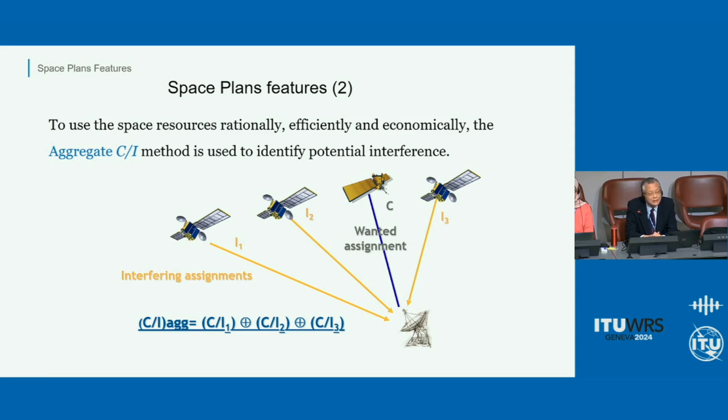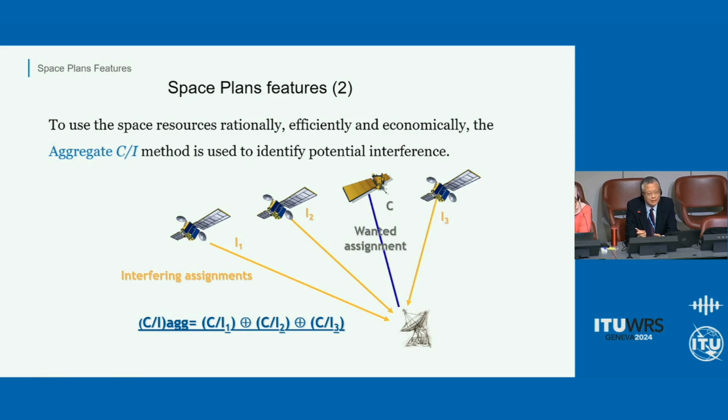In the plan service, it's different. In evaluating interference, we consider all the satellite networks within the coordination arc. So we use the value of C/I to evaluate the interference. In calculating the I, we consider all networks within the coordination arc.